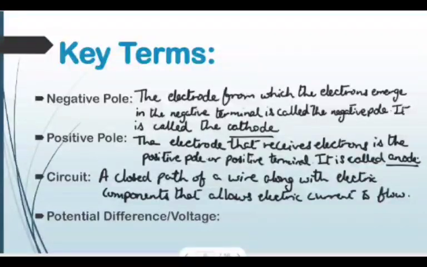Now, next comes the potential difference. Potential difference is also known as voltage. First, I'll explain. Potential difference is nothing but the work done in moving a unit charge from one electrode to another electrode. So, we know positive electrode, negative electrode. Now this is the wire, correct? So here these are your electrons.